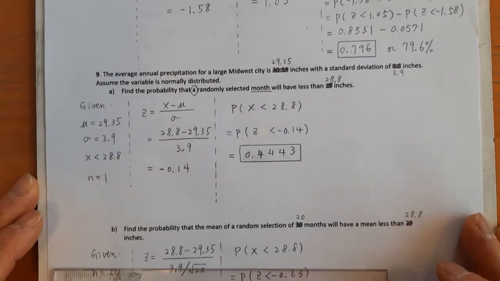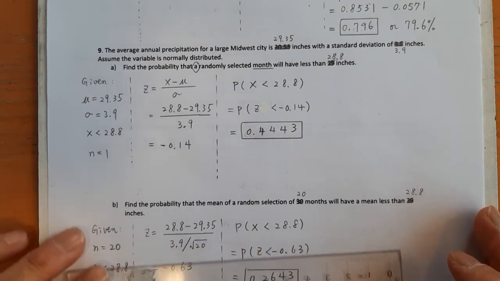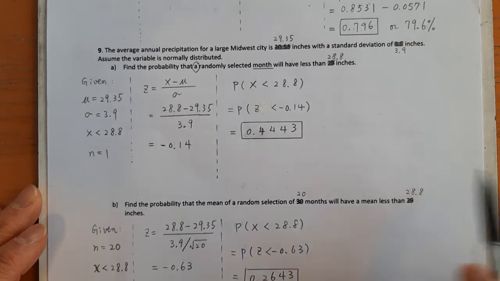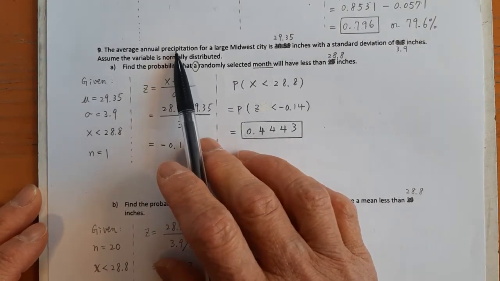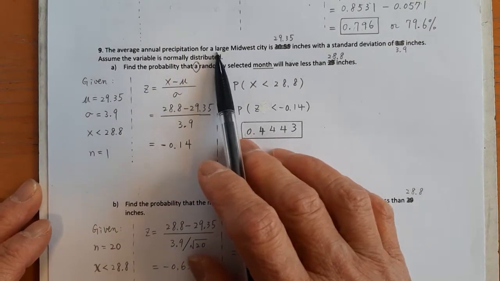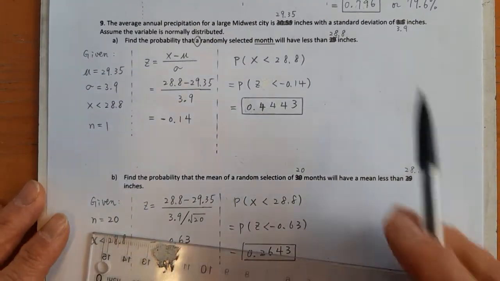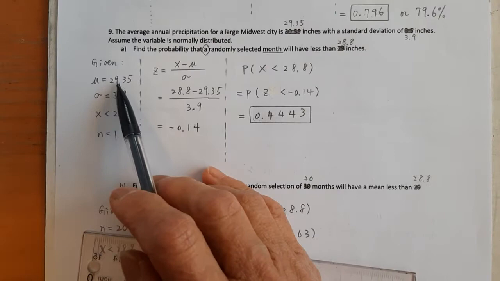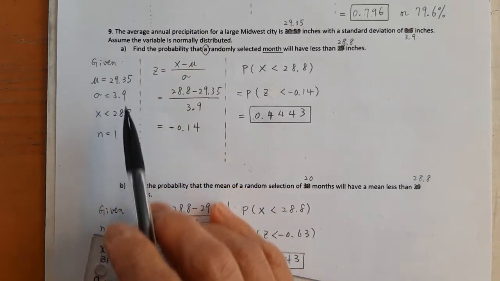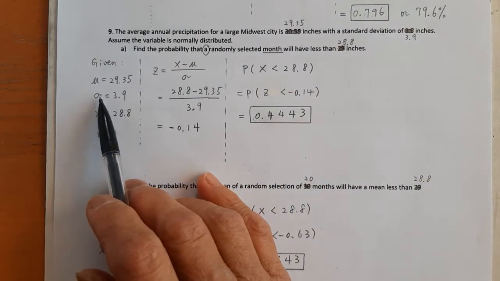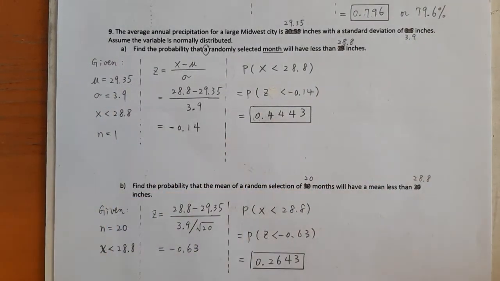And the next one, question 9. The average annual precipitation for a large Midwest city, the mean, is 29.35 inches, with a standard deviation of 3.9 inches, so sigma equals 3.9.